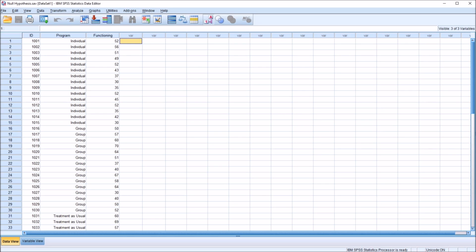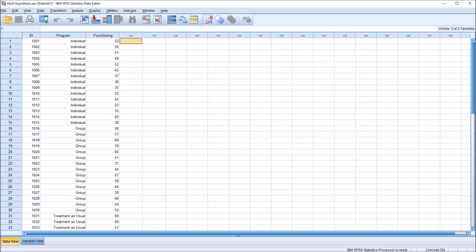So in this case, with the independent variable program, we would say that all three of these levels, individual counseling, group counseling, and treatment as usual, were equally effective as measured on the functioning scale. Whatever instrument was used to measure functioning, there would be no difference in the means across the groups.